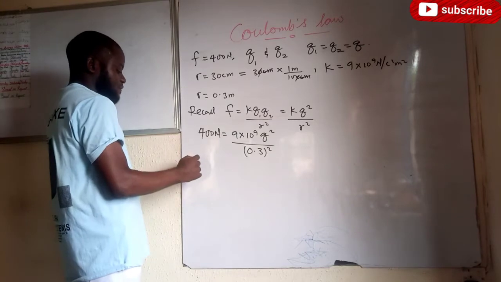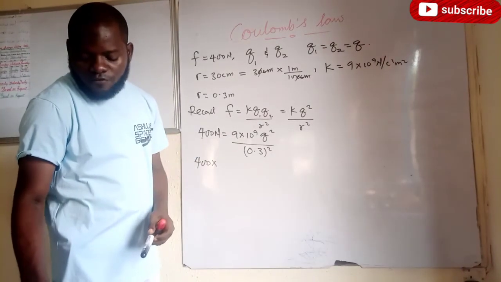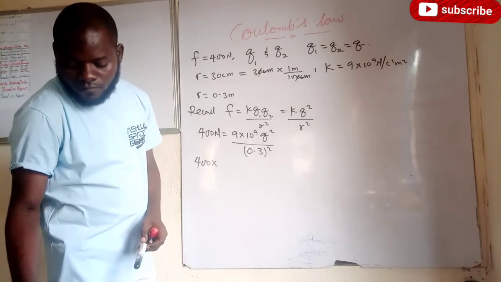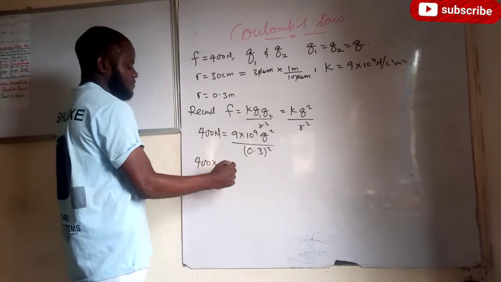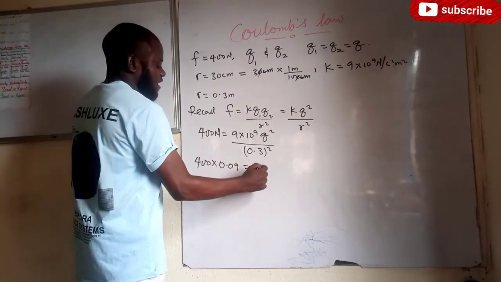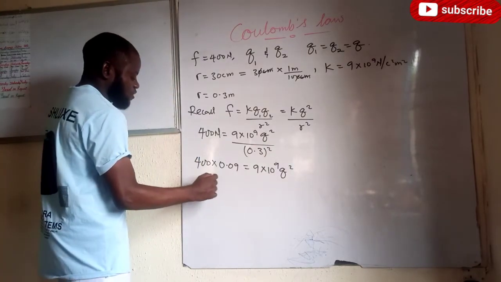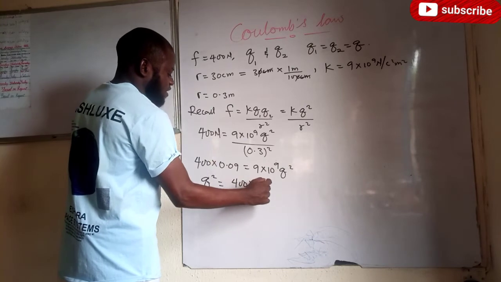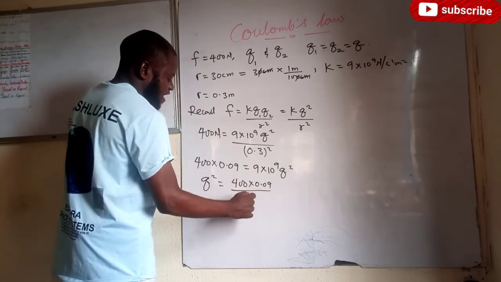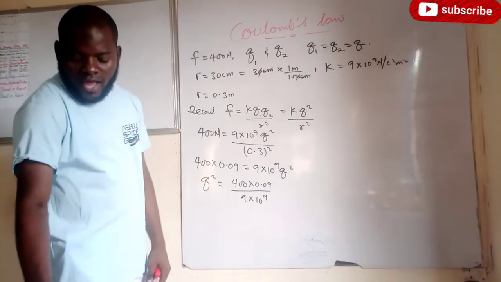So if I cross multiply, I have 400 multiplied by 0.3 squared, which will give us what? Okay, that will give us 0.09. And this equals 9 times 10 to the power of 9 Q squared. So the value for Q squared is just equal to 400 times 0.09 divided by 9 multiplied by 10 to the power of 9.